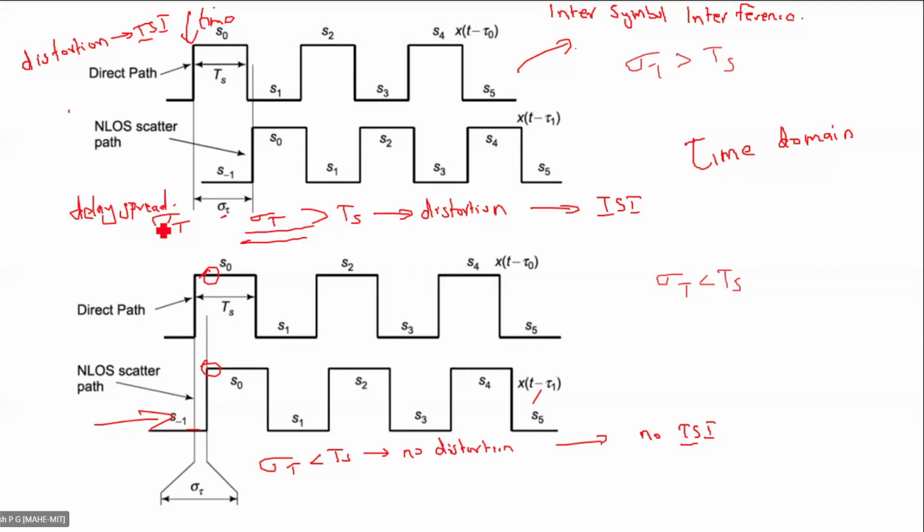One is the direct path, another is the NLOS path. And in the direct path, signals are transmitted in order, that is S0, S1, S2, S3, S4, S5, etc. But in the NLOS path, the signal is transmitted after some particular time, and that time is called delay spread. Okay. So after sigma tau, S0 is transmitted. And what is the effect due to that delaying of transmission?